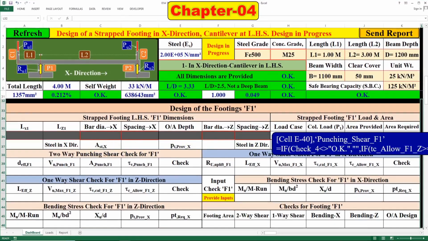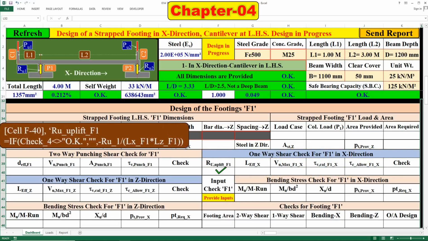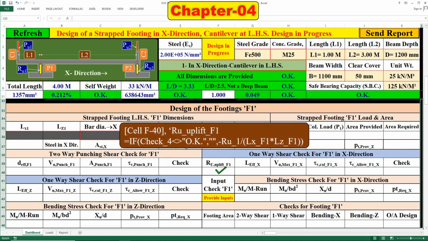Now, we are going to calculate the one-way shear check for footing F1 in the X direction, covering cells F40 to J40. In cell K40, we will check this one-way shear stress in the X direction. Let's start with cell F40. Now on the screen, it is the Excel formula for cell F40. The defined name of the cell is RU_F1. In this formula, Excel will first check _4.